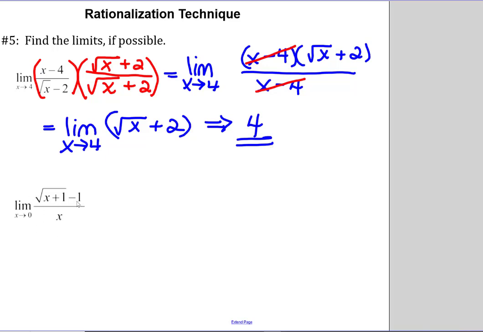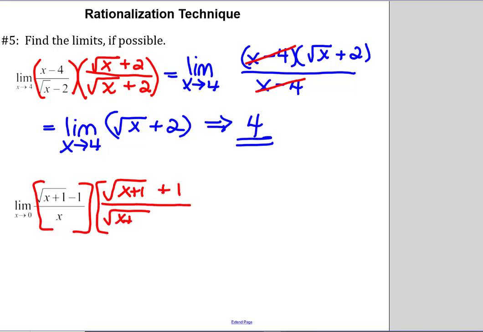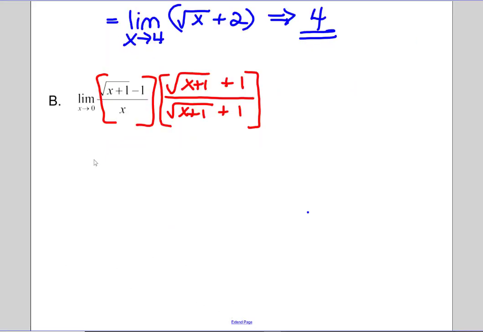In this case, we are going to rationalize the numerator. So we want to have a conjugate for the square root of x plus 1 for both top and bottom, and then we would use the distributive property only on the top, leave the bottom alone, and continue with the limit notation.